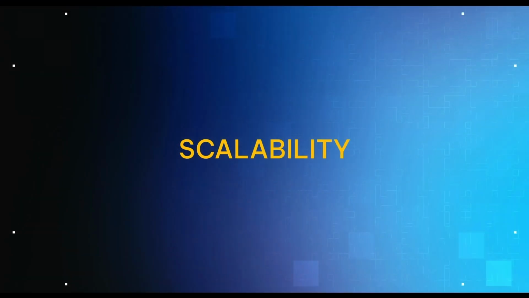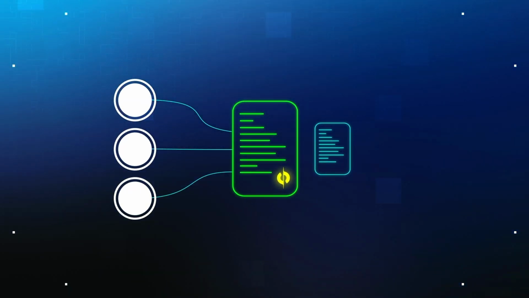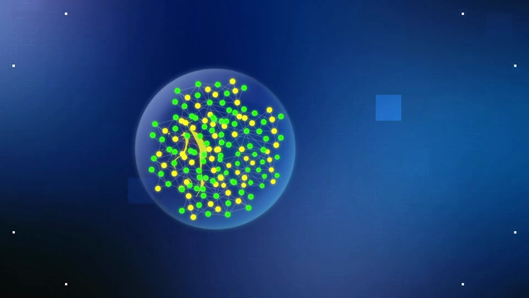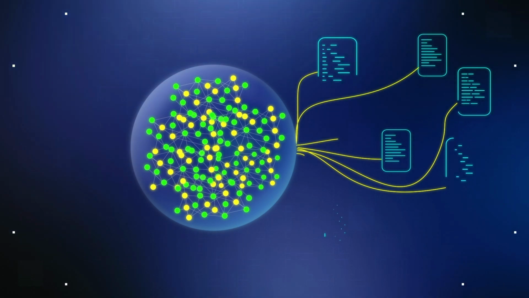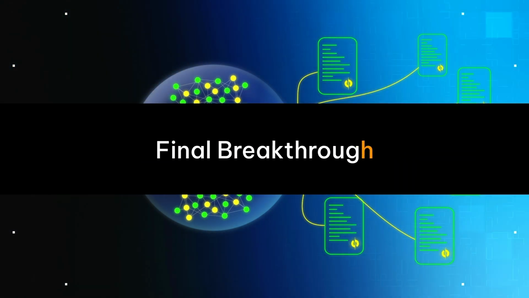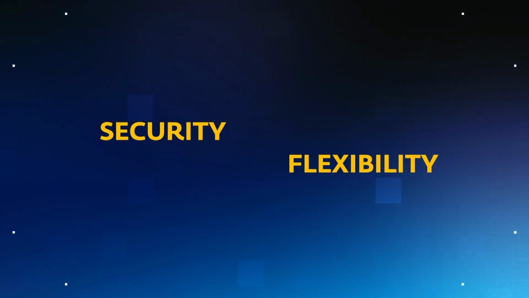The second breakthrough is scalability. With existing TSS protocols, participants must sign transactions one by one. However, the 2PC-MPC algorithm supports batching, so many transactions from different dWallets could be signed simultaneously. The final breakthrough is balancing security and flexibility in a permissionless setting.